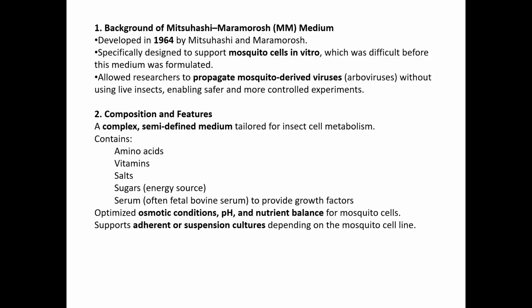So the next is the background of Mitsuhashi Maramorosh medium. It's the medium for mosquitoes. It was developed in 1964 by Mitsuhashi and Maramorosh, specifically designed to support mosquito cells in vitro, which was difficult before this medium was formulated.